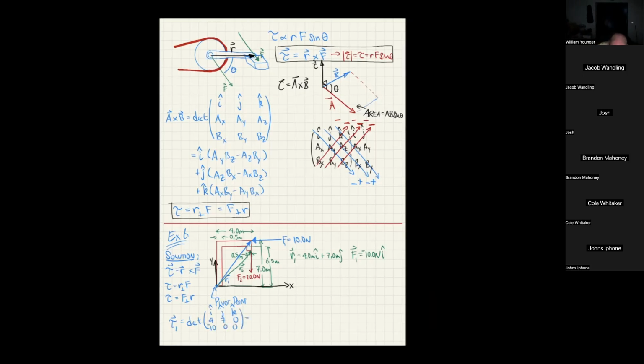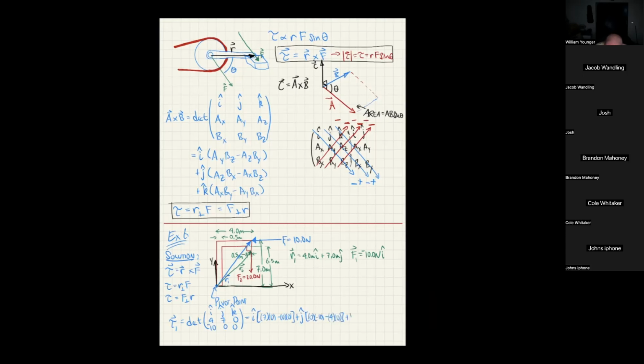And for this, I'm going to say I hat times 7 times 0 minus 0 times 0 plus J hat. Now J hat, I'm covering up the middle column and the top row. And I'm going to do 0 times negative 10 minus 4 times 0.